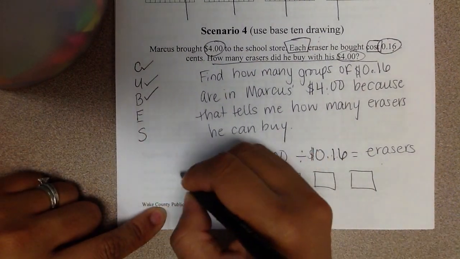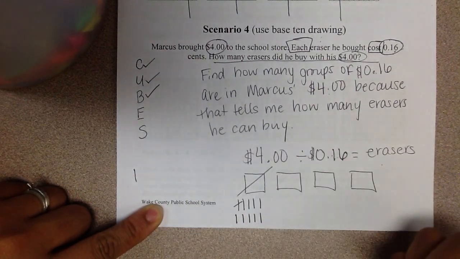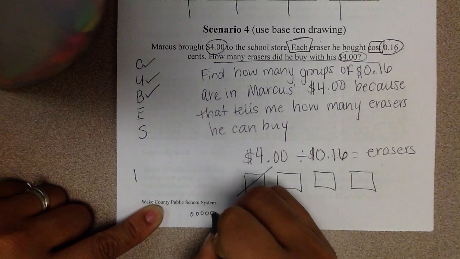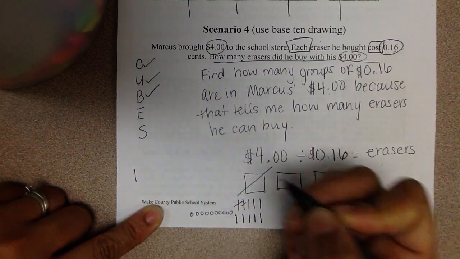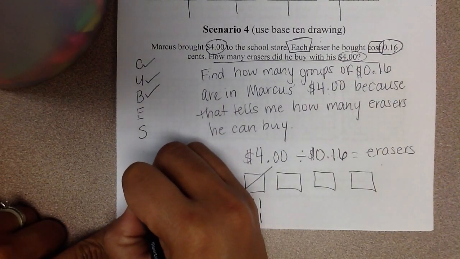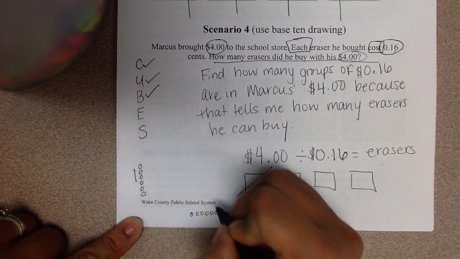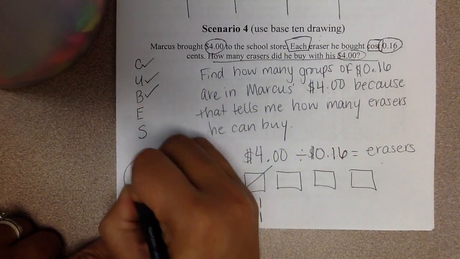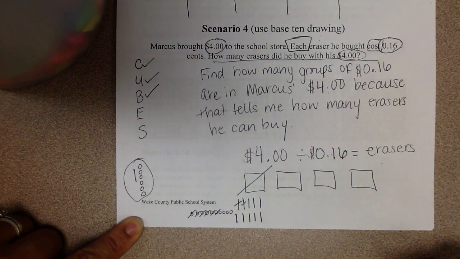So I can take 1/10 from here, and I can break this down into hundredths. 1, 2, 3, 4, 5, 6, 7, 8, 9, 10. Add 6 hundredths here. And mark them out. Then I have one group of 16 hundredths.